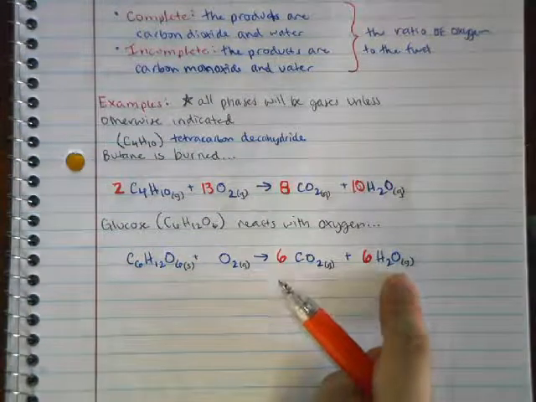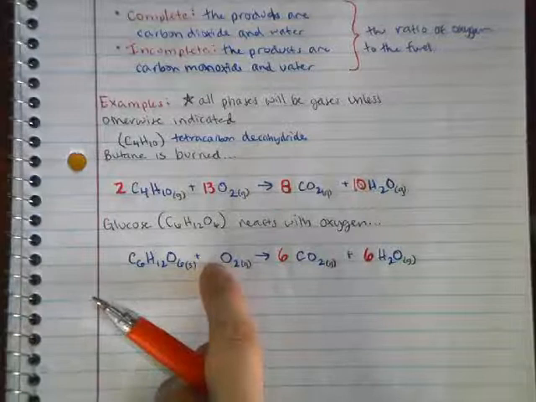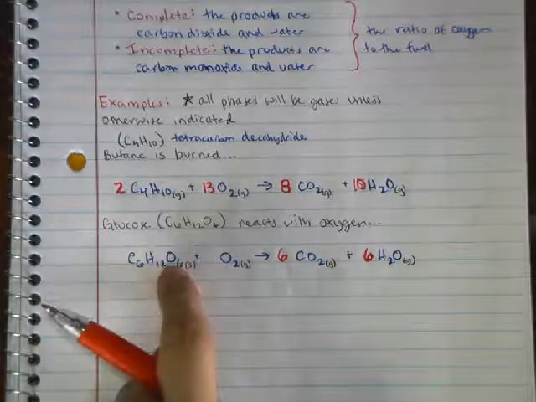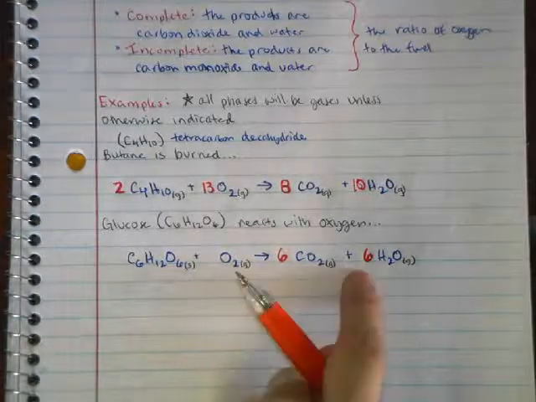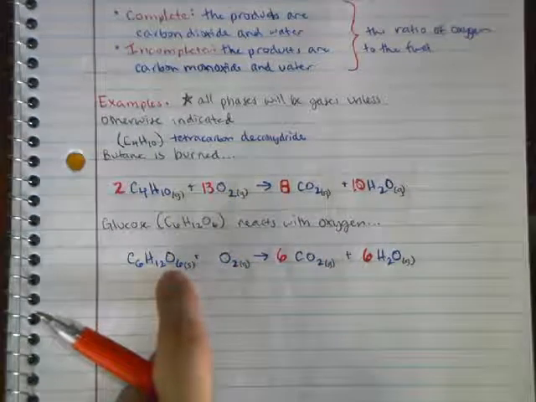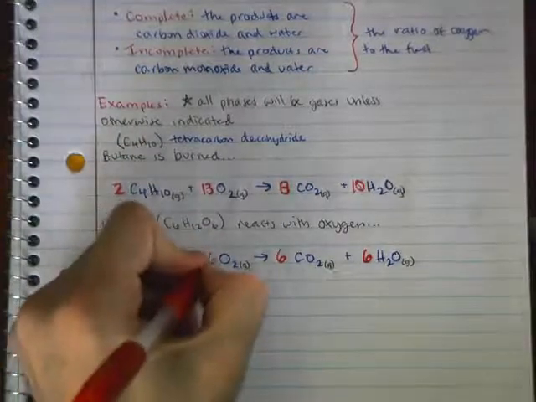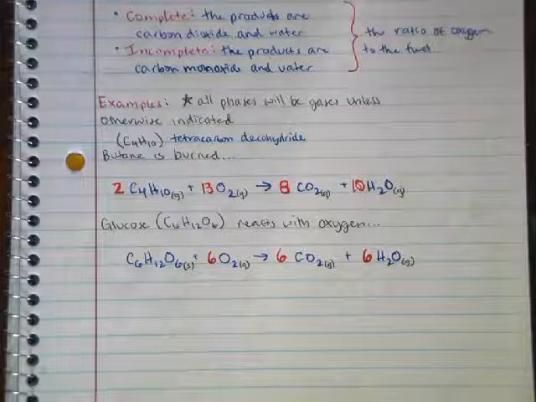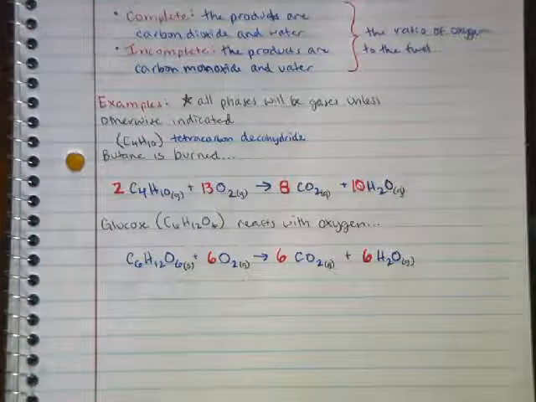Now don't be hasty and just put a 9 here, because that would actually give you 6 oxygens too many. I said I had 18 total on the right. Well, 18 minus 6 brings me back to 12. This is going to be a 6 as well. So again, the most difficult part about combustion reactions is just balancing. That's it.